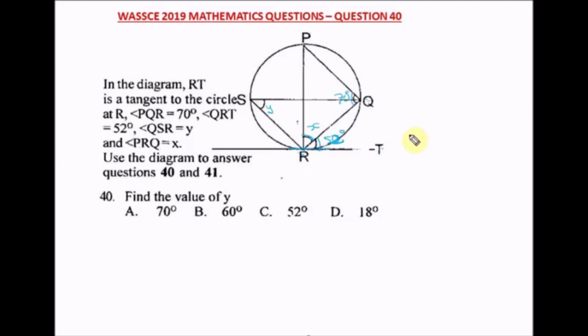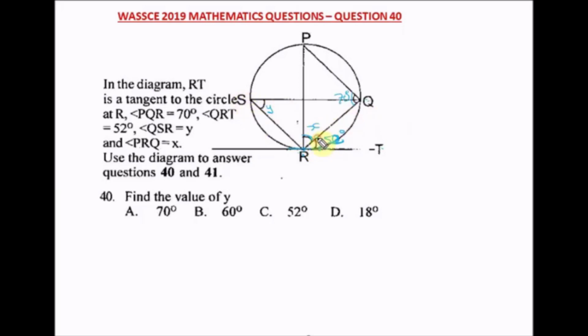So the theorem states that the angle between a tangent to a circle and a chord drawn from the point of contact is equal to the angle in the alternate segment.